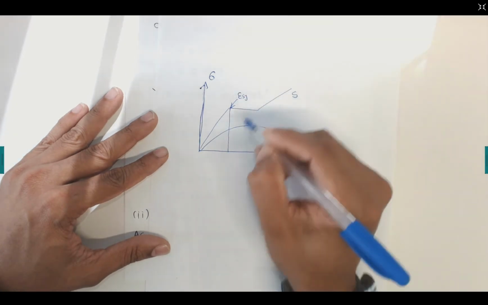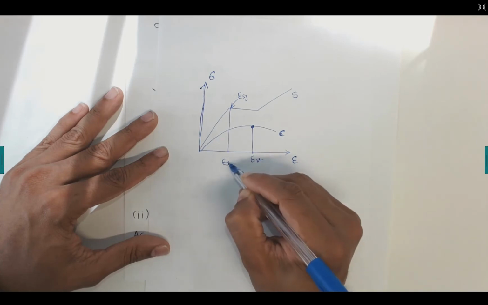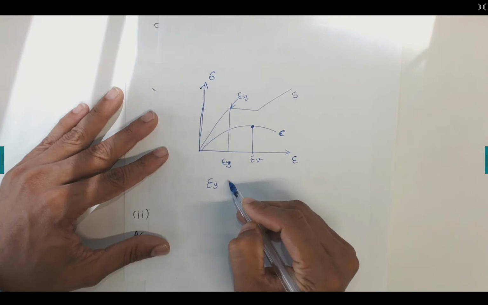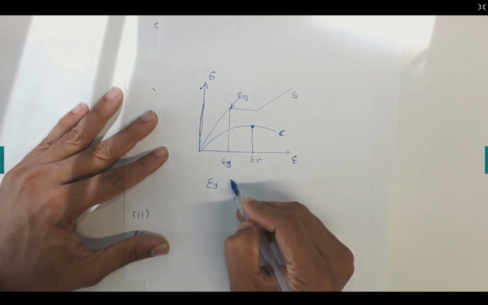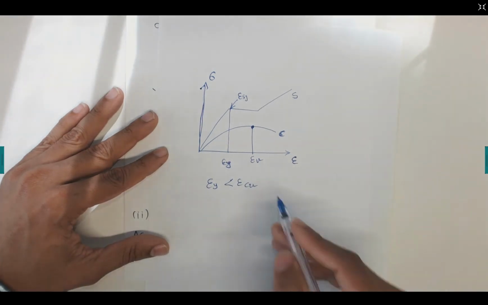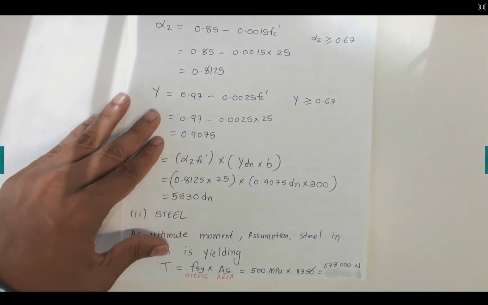This is the yield strength, and let's say this is the ultimate strength. The yield strength is always less than the concrete ultimate strength, to make sure that it's yielding.